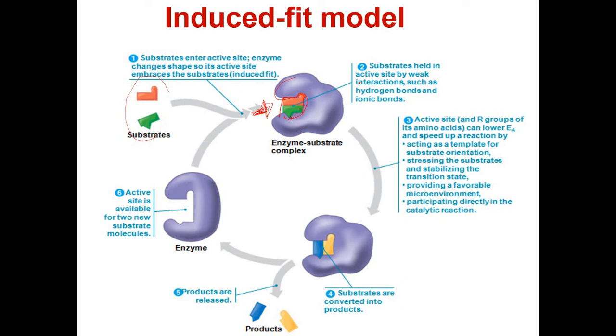Now, substrates are held in the active site by weak interactions such as H bonds and ionic bonds. Now, after that, the active site can lower the activation energy and speed up a reaction by acting as a template for substrate orientation. So stressing the substrates and stabilizing the transition state, and it provides a favorable microenvironment, so it participates directly in the catalytic reaction.